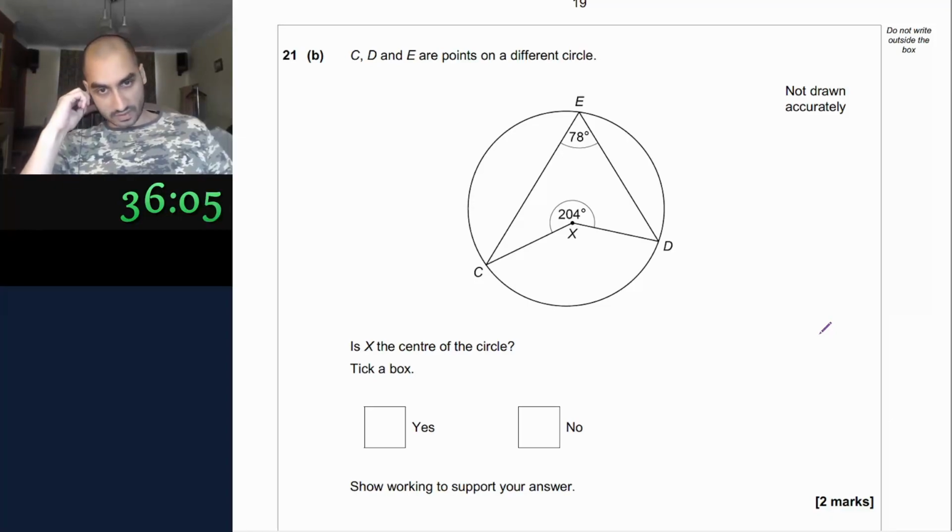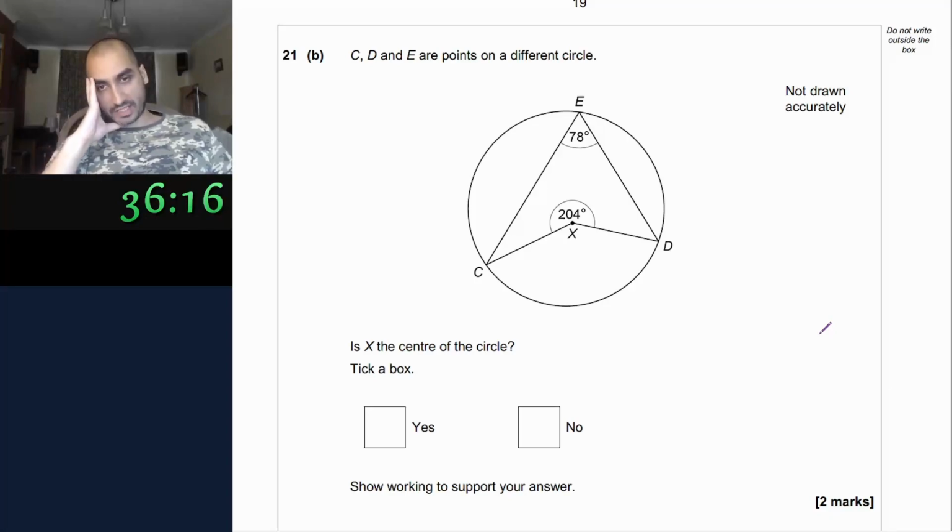Is X the center of the circle? Is X defined? Can we actually get X's value from this, or could there be a range of values?